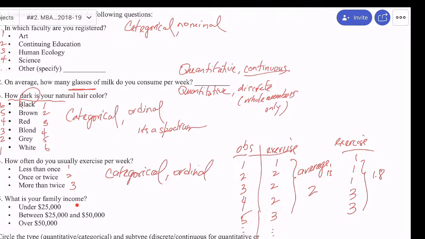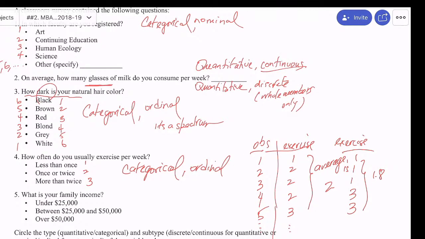The last one, what would you say? So for the last one, this again is categorical because it's a range of values in each category, not a single value.